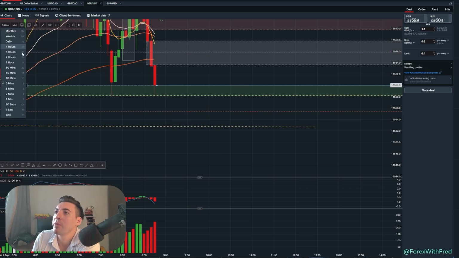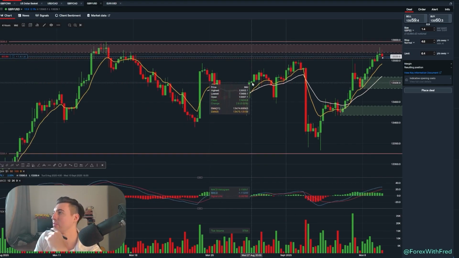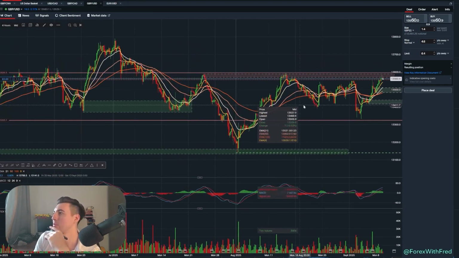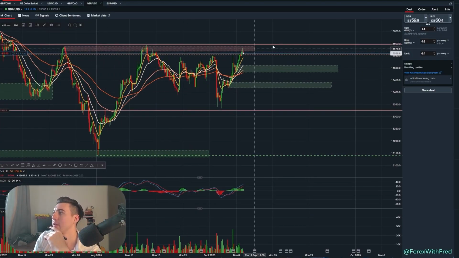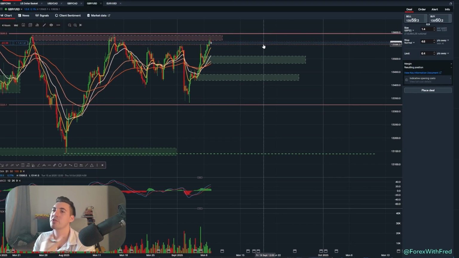You can see why I was a bit concerned with this large supply zone here. It's definitely reacting when it hits these zones. What's really frustrating though is when it hits these zones, they seem to coincide with economic data. It's really interesting.